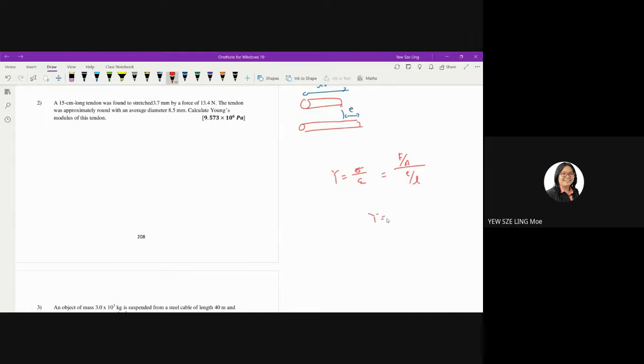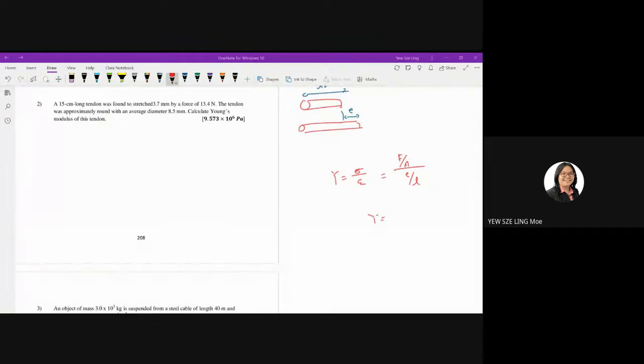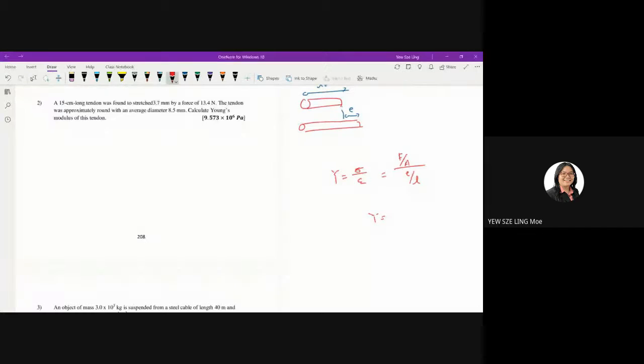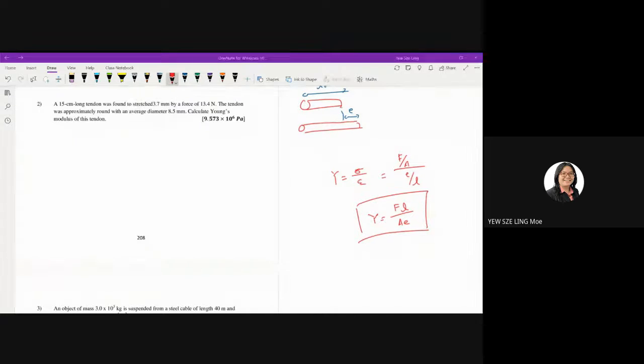If you rearrange the equation, you obtain Young modulus equals FL over AE. We are going to use this equation very often in our calculations compared to the other two equations.